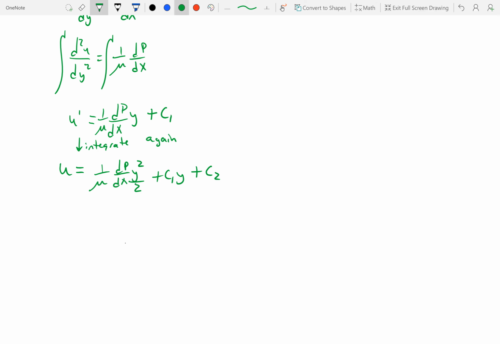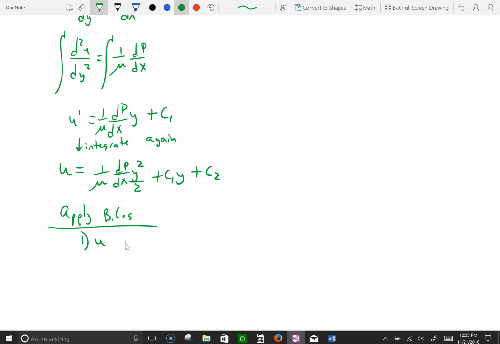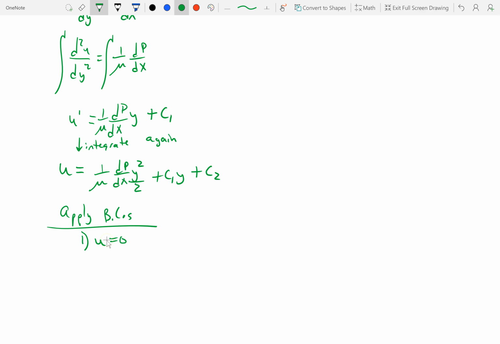So now we have to apply boundary conditions. So the first one is u equals 0 at y equals plus or minus h. We'll do plus h.